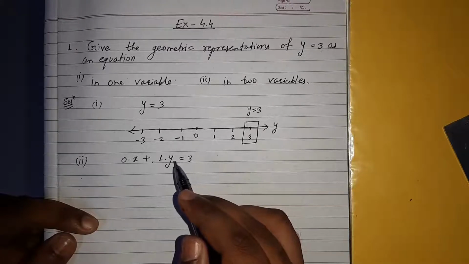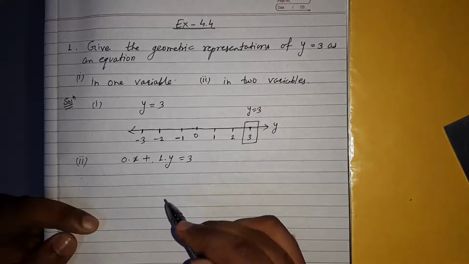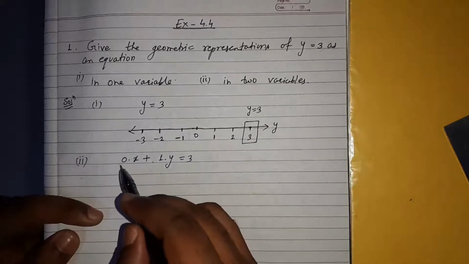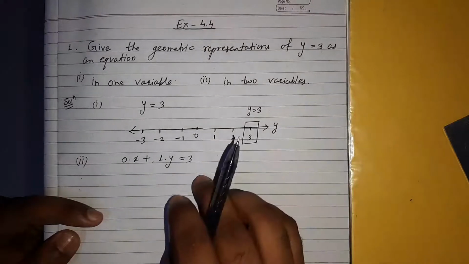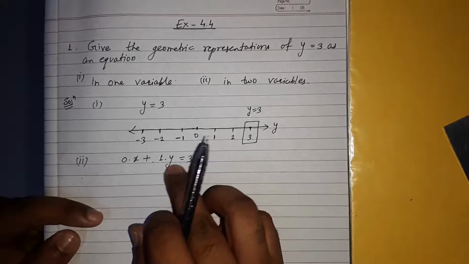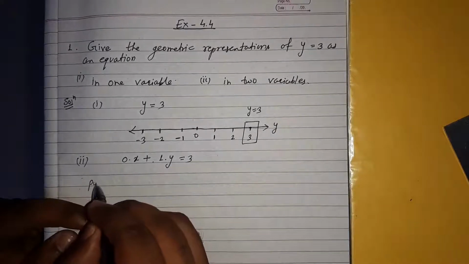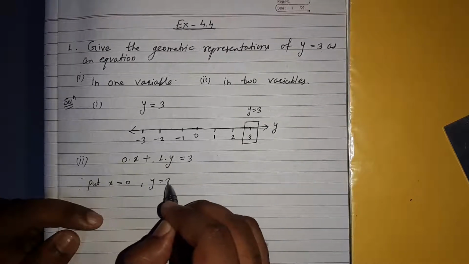So to draw the graph of this equation, we need to find at least two solutions. In this equation you can see the coefficient of x is 0, so you can take any value of x, and the value of y always remains constant. So put x is equal to 0, the value of y is 3.